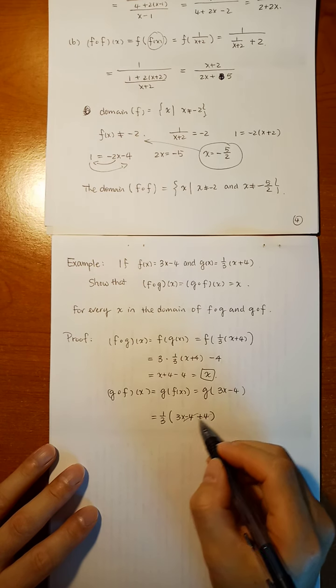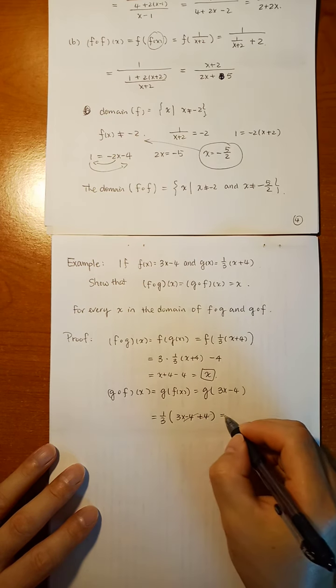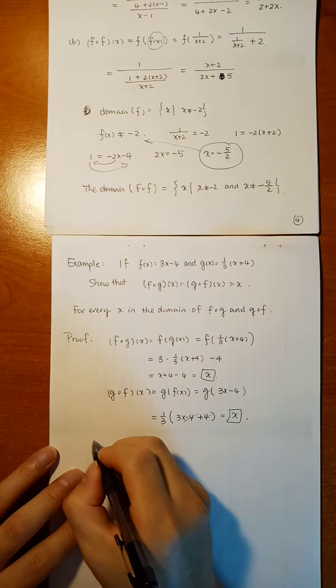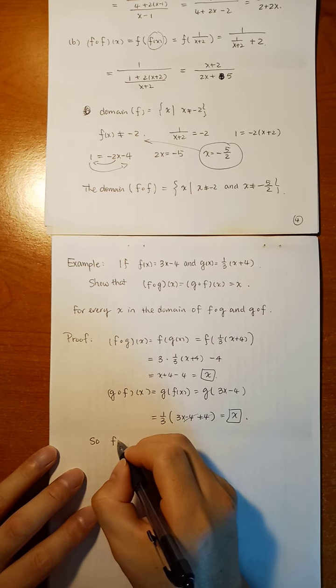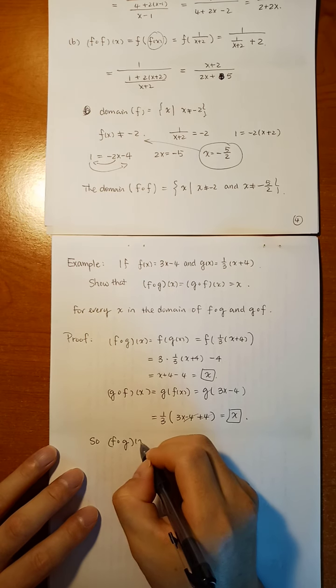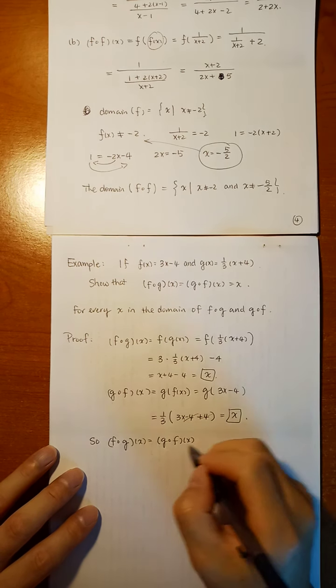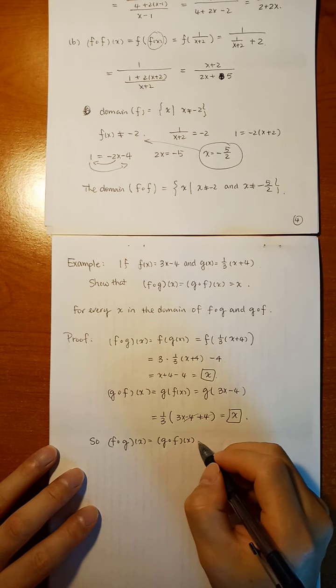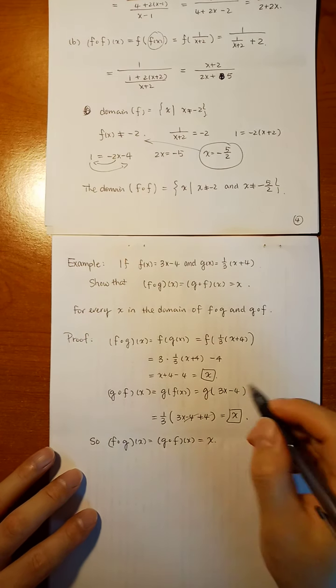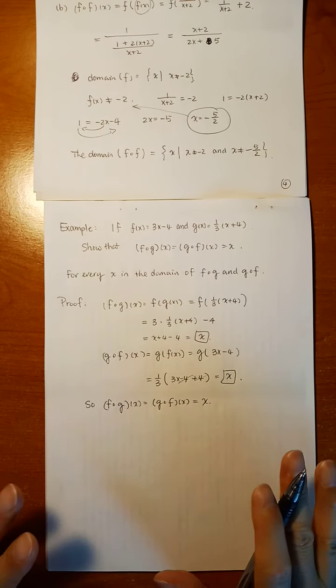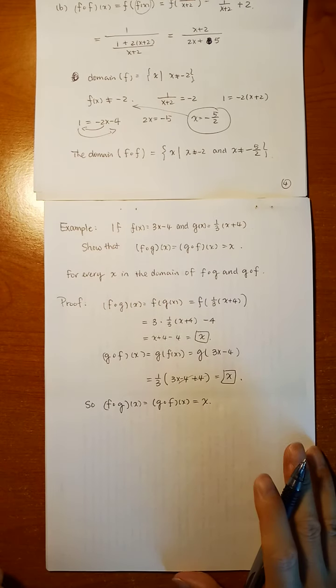Minus 4 plus 4 cancelled, you have 3x. 3x times 1/3 is x. So g composed with f of x is equal to f composed with g of x is equal to x, because you just compute it. There's no proof, it's just computation directly.